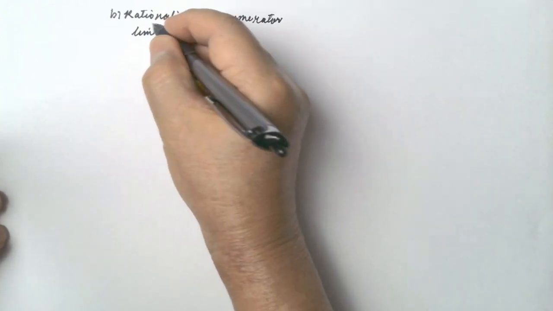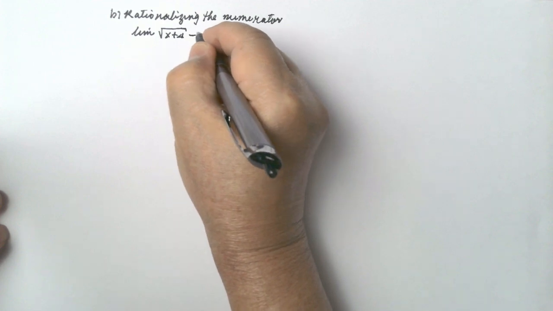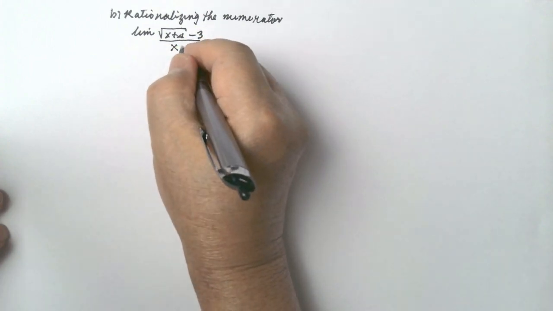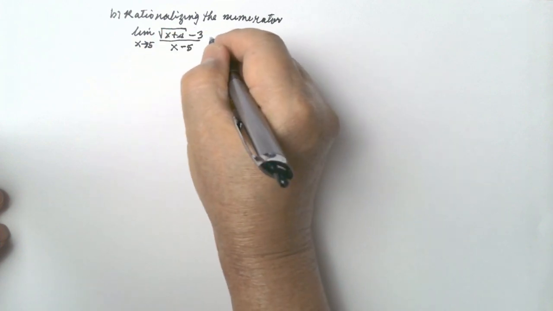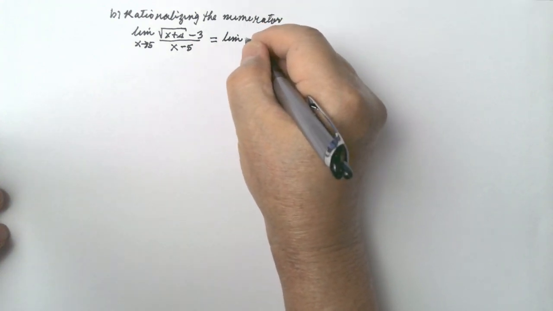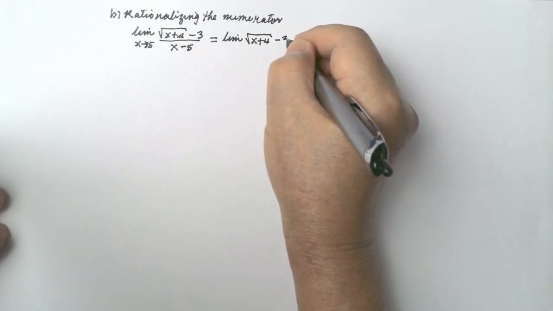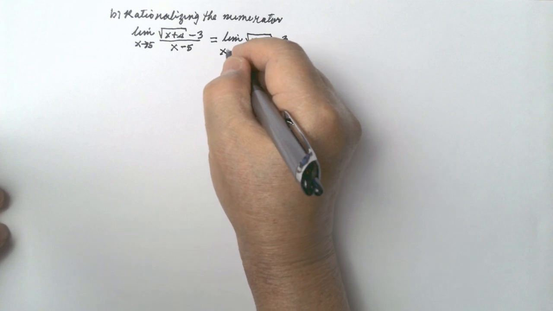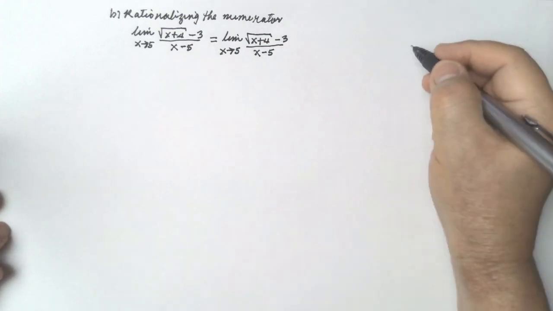The limit of the square root of x plus 4 minus 3 over x minus 5 as x approaches 5 is equal to the limit of the square root of x plus 4 minus 3 over x minus 5 as x approaches 5. Find the conjugate of the numerator.